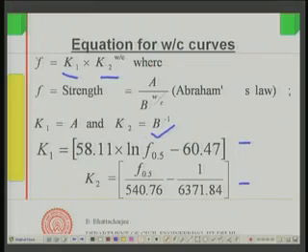The same exercise can be done for 7 day strength or for 28 day strength as desired, but the relationship would be like this. f 0.5 in case of 28 day strength will be the 28 day strength with 0.5 water cement ratio for your materials, and k1 and k2 are related to f 0.5 in this manner. This is why all these curves, through a regression analysis, can be given in this form of equation, with k1 here and k2 here, and therefore the strength you can find out.